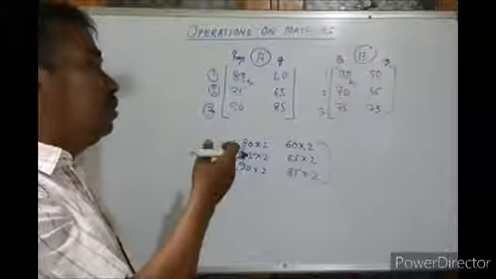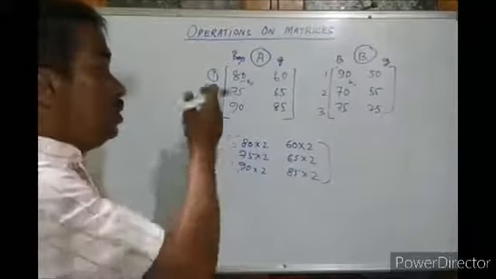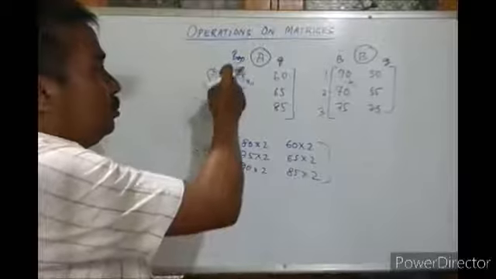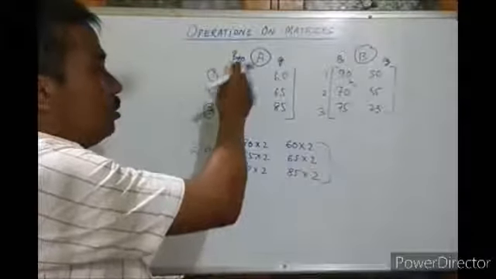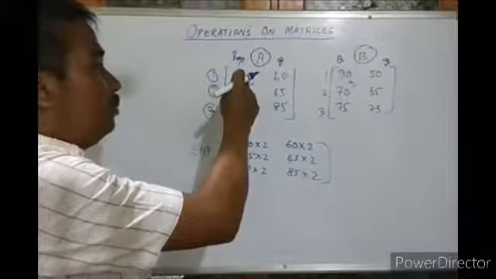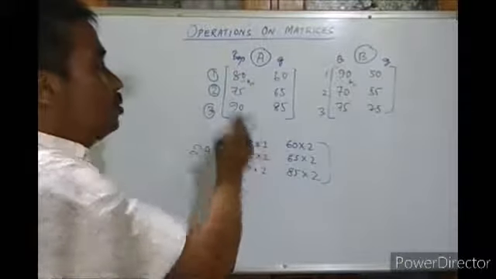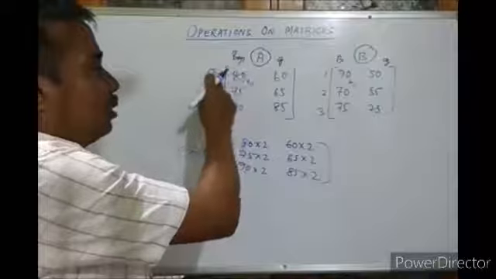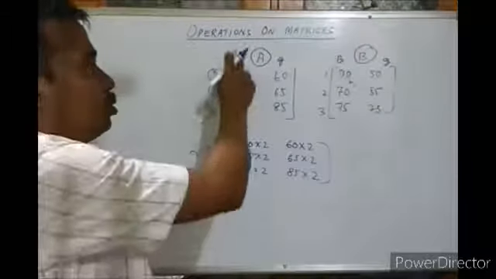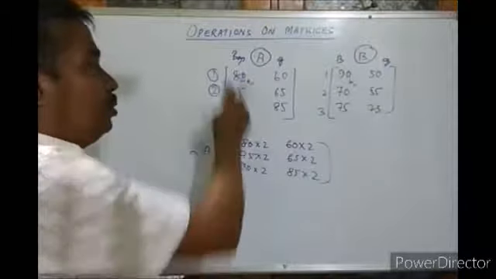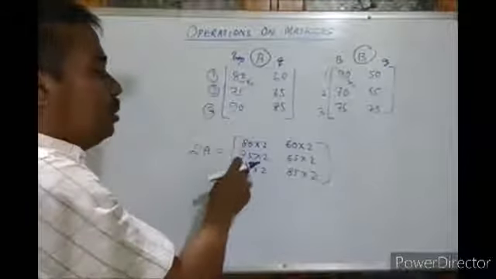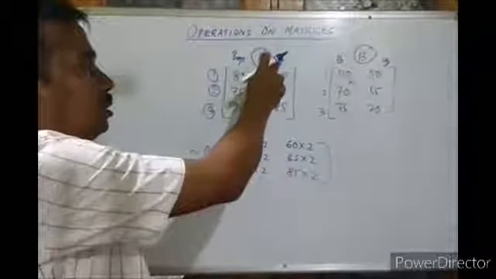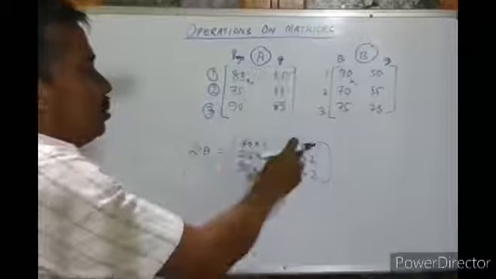To get the answer, we have to multiply the production of each category by 2. So boys sports shoe category 1 is multiplied by 2, boys sports shoe category 2 is also multiplied by 2, boys shoe category 3 is also multiplied by 2, and girls shoe category 1 is also multiplied by 2.